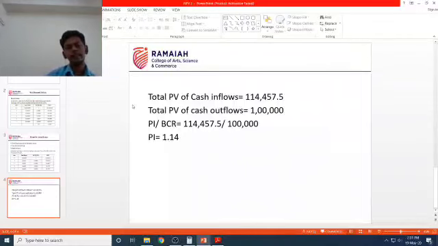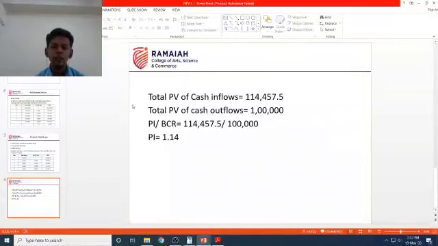Yes. So in this case, you can accept the project because the profitability index is more than 1. If the profitability index is more than 1, what does that mean? The worth of cash inflows is higher than the worth of cash outflows, which means that you are earning more than what you had spent initially.